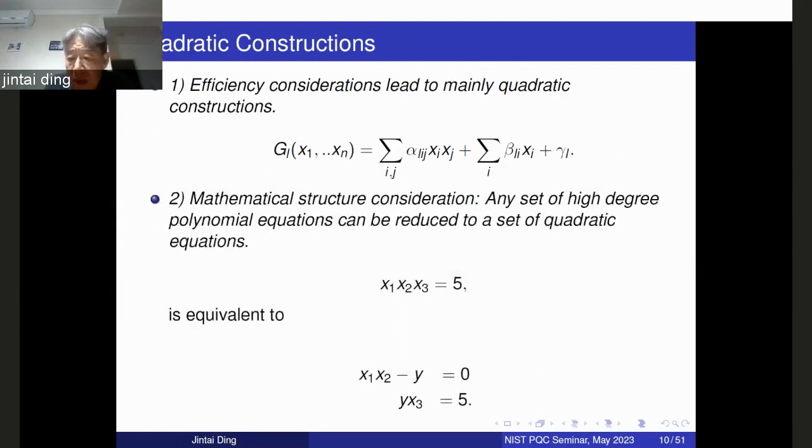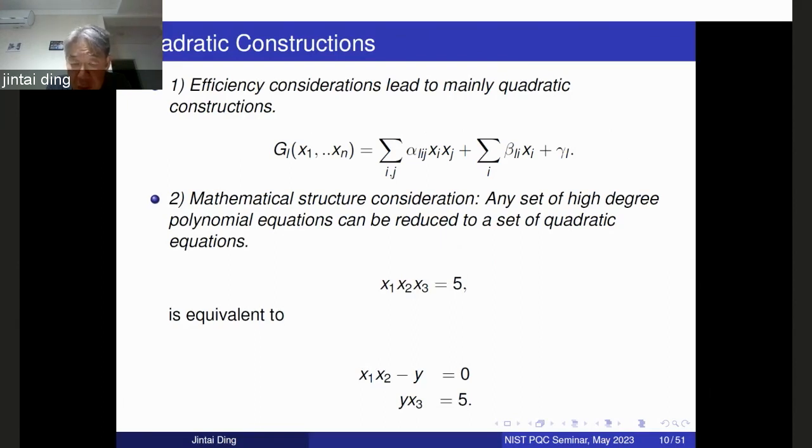On the other hand, from the mathematical perspective, in principle, we can think that quadratic equation systems are the hardest to solve, because given any set of high degree equations, we can do a change of variable in some way to convert it into a quadratic system. A simple example is the equation x1 times x2 times x3 equals 5.